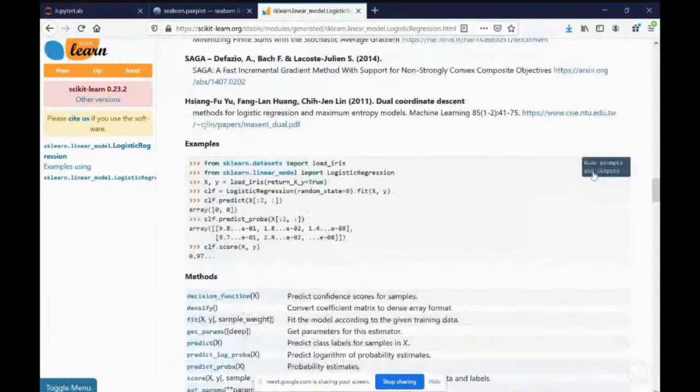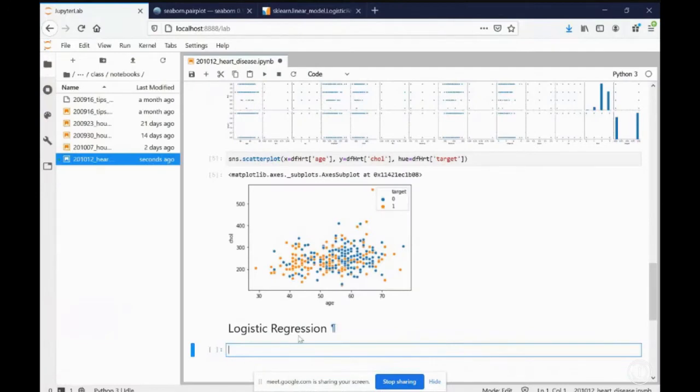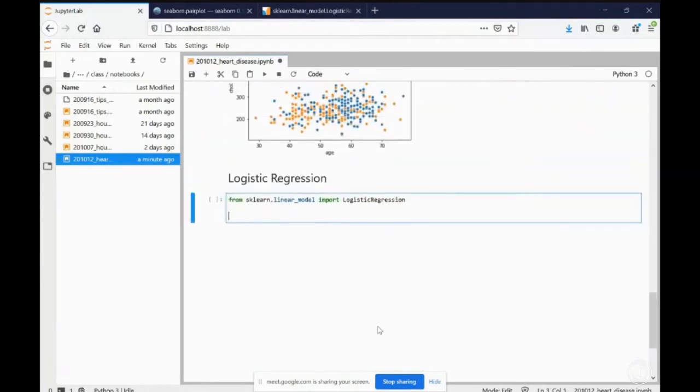Looking at the example, we load the regression, then we do a fit and then a predict, right? All of those function steps we already knew. So let's go ahead and do that. From sklearn linear model, import LogisticRegression. And then remember we said define, fit, predict, and evaluate, right? So let's do that.